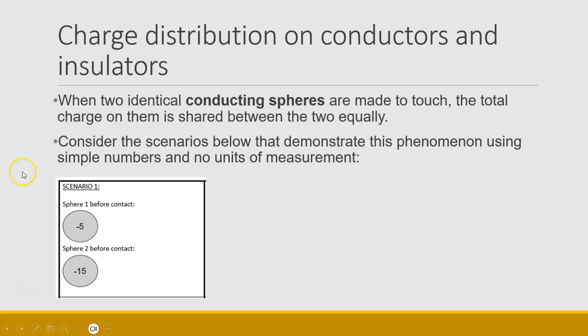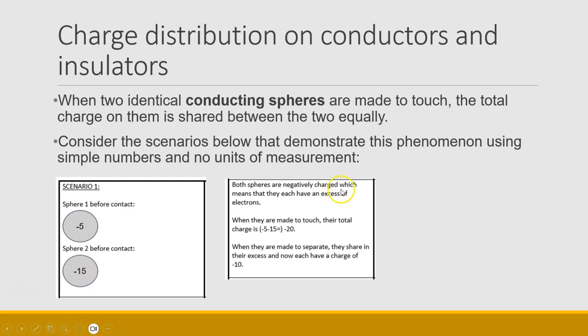In scenario 1, we have two identical conducting spheres, one that has a charge of -5 and one that has a charge of -15. So that means that they both have an excess of electrons because they're both negatively charged. This sphere over here at -15 has a stronger negative charge than the sphere over here.